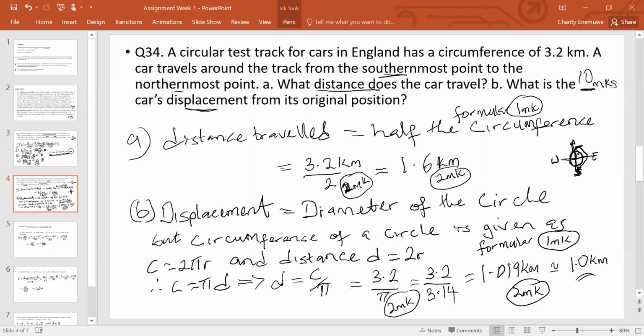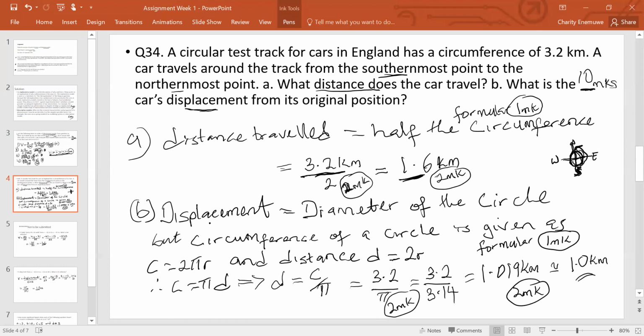So this move half the circumference. So if the circumference of the circle is given to be 3.2 kilometers, we just divided it by 2 because the distance covered just half of that circumference. So we got 1.6 kilometers as our answer. Okay.